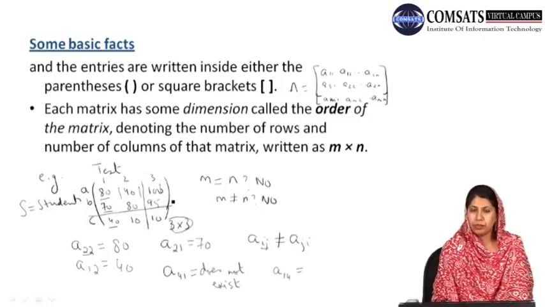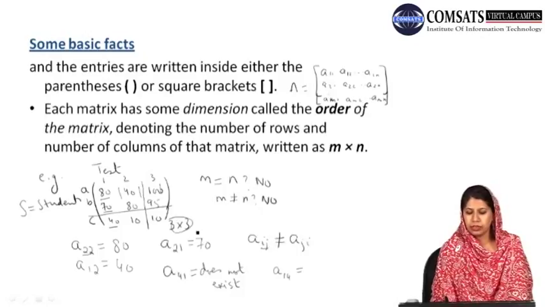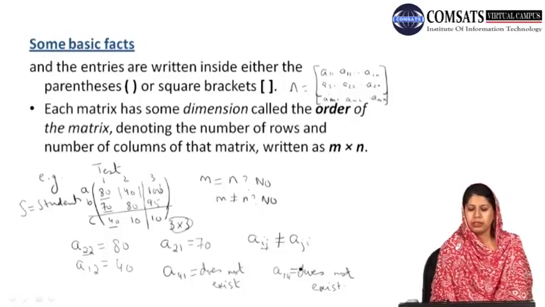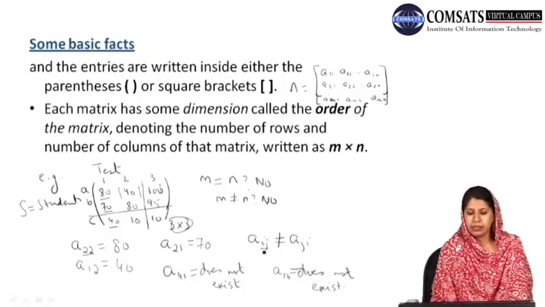But we don't have any fourth column here, which means that this entry does not exist for a matrix of order 3 by 3. Okay, which means that the entries must have a maximum i and j equal to 3 and 3.